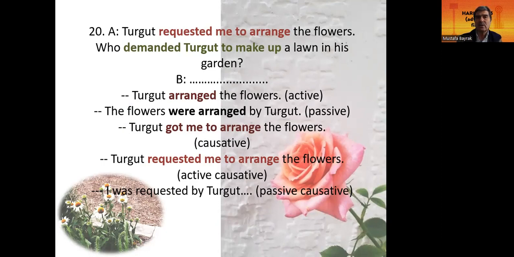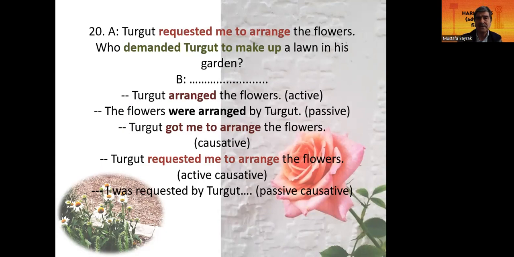Turgut requested me to arrange the flowers. Who demanded, again, wanted very much. Who demanded Turgut to make up a lawn in his garden? Okay, Mahmud Bey demanded Turgut to make up a lawn in his garden.